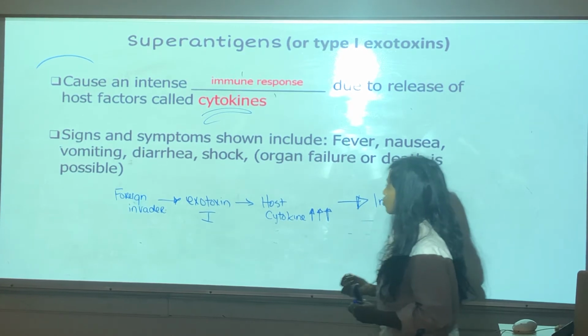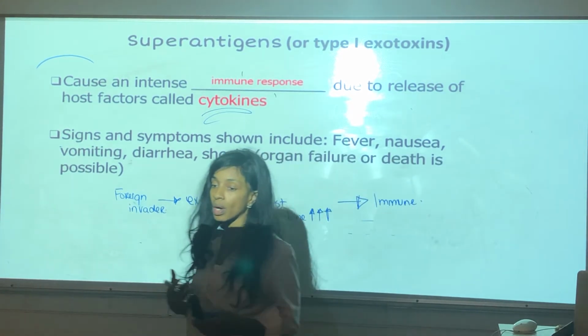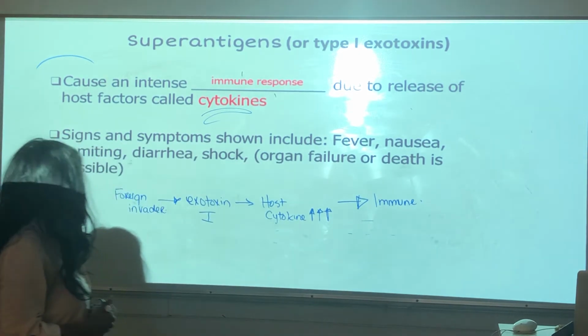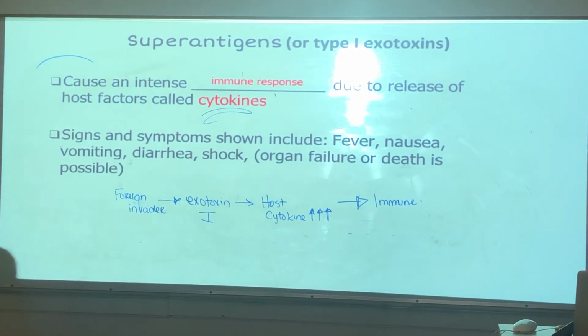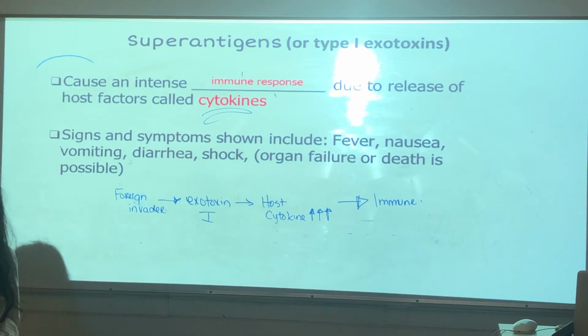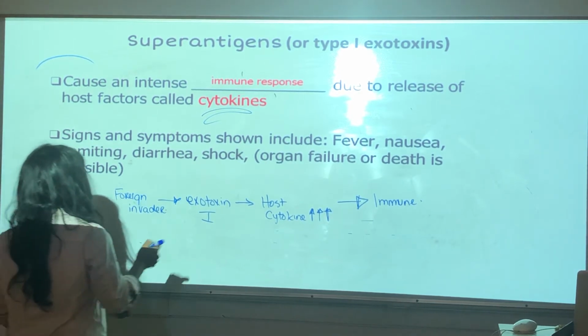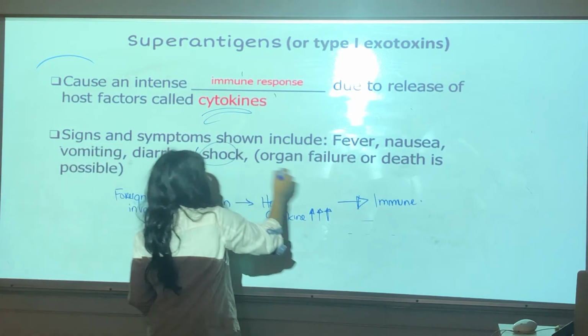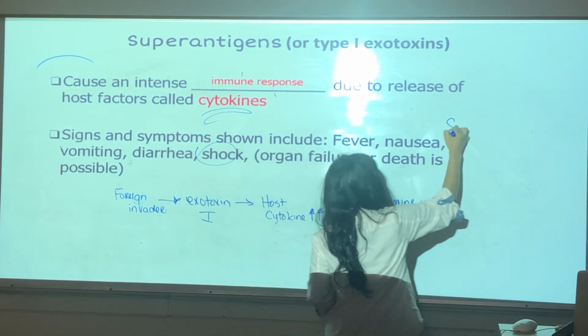As long as the immune response keeps going and going, we'll see signs such as fever, nausea, vomiting, diarrhea, shock, which is possible, and organ failure or death if the exotoxin isn't dealt with by your immune system or some sort of medication. What does the word shock mean? Let's write it over here.